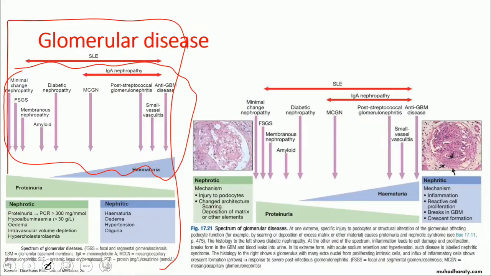So, etiologies and also pathological patterns that present more with proteinuria and nephrotic syndrome. For example, minimal change, FSGS, diabetic nephropathy, those present more with a nephrotic picture. Whereas things like post-streptococcal glomerulonephritis, the vasculitides, those present with hematuria and nephritic syndrome. Right? So that is a nice way of remembering what exactly goes on.